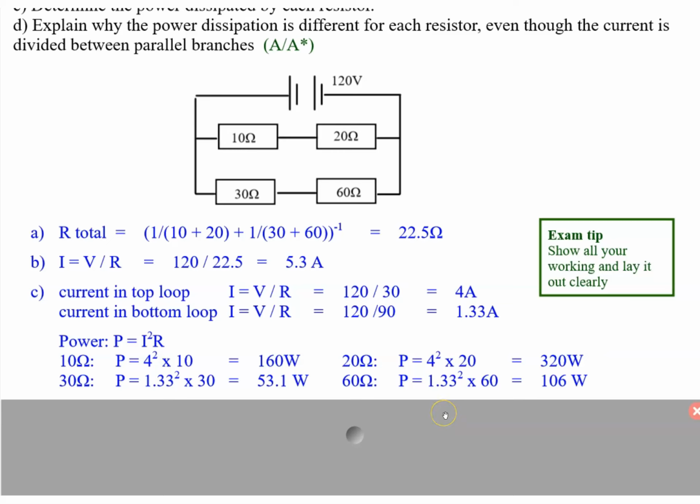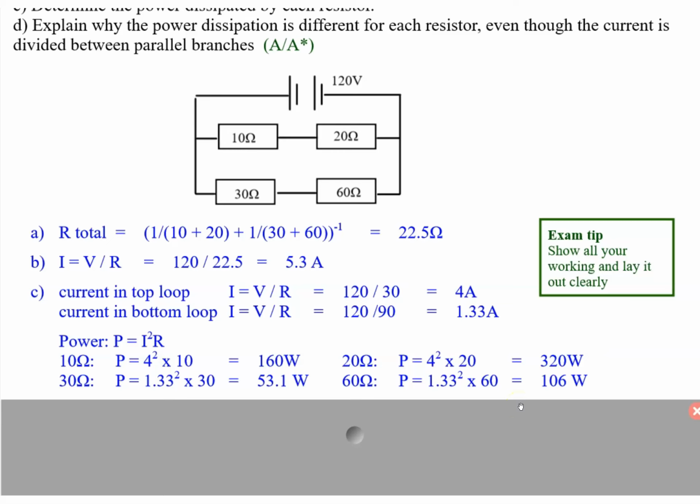Then I can use my formula I squared R to calculate the power. 4 squared times 10 gives me 160. The 20 has the same current, 4 squared times 20 gives me 320. On the bottom I've got 1.33 squared times 30, and then 1.33 squared times 60.